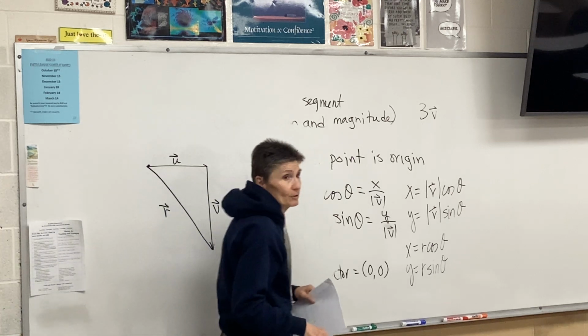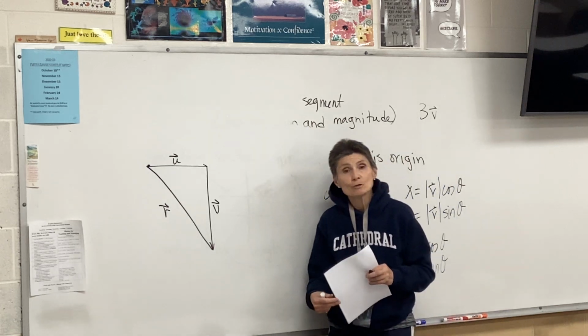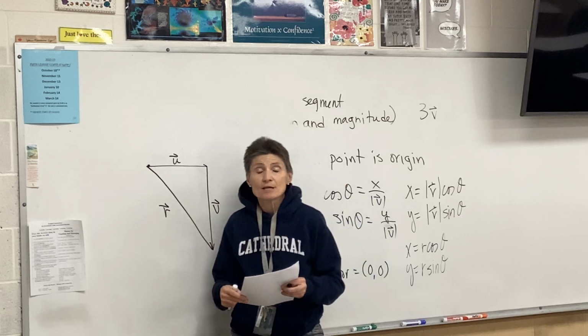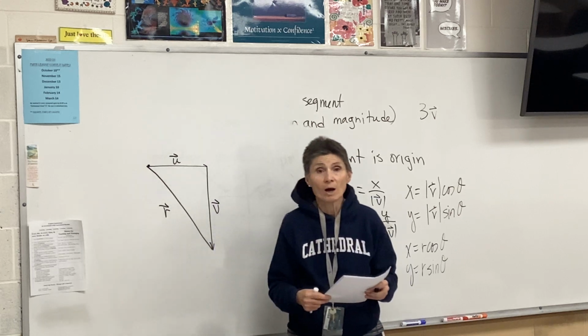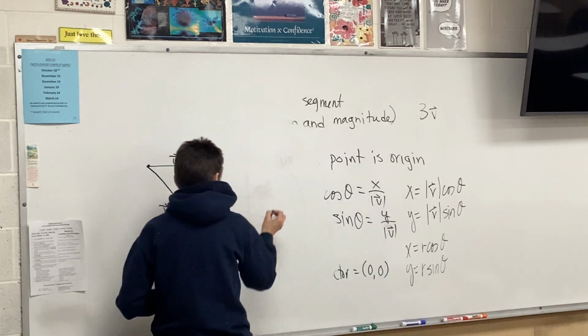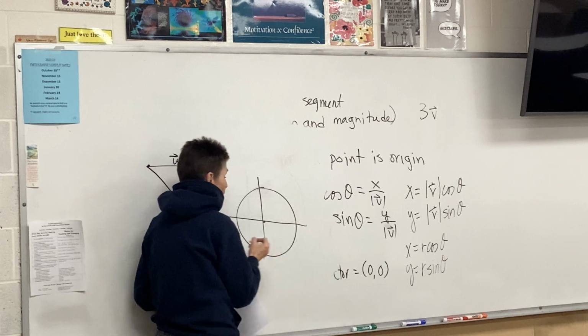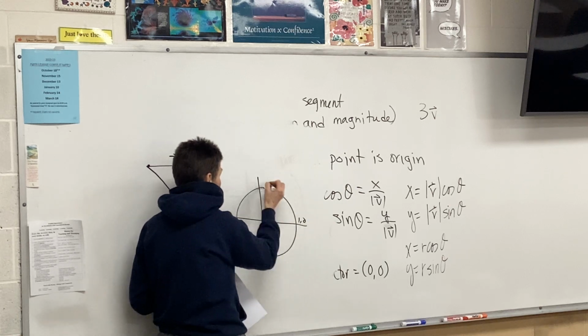A unit vector is a vector whose magnitude is 1. Think about the unit circle. The unit circle is a circle centered at the origin with a radius of 1. Remember that?